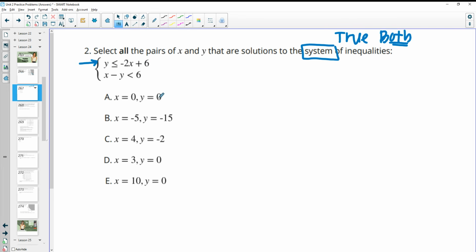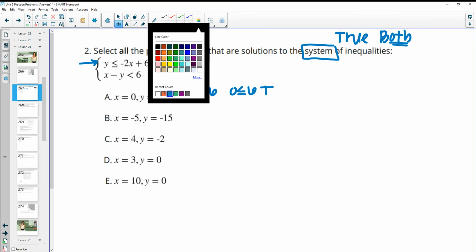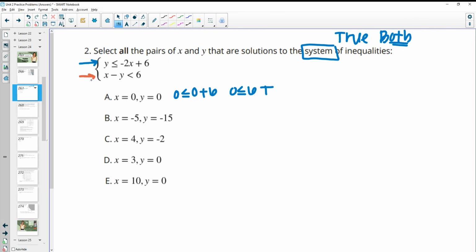So we're going to plug 0 for y. So we're going to see if 0 is less than or equal to negative 2 times 0, which is 0, and then plus 6. So this one says that 0 is less than or equal to 6. That is true. So then we'll plug into this bottom equation.